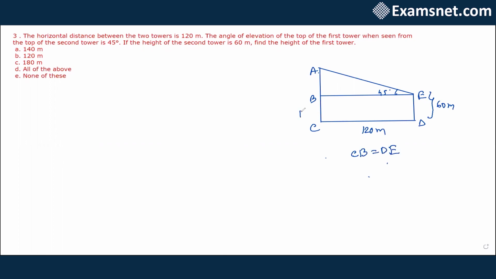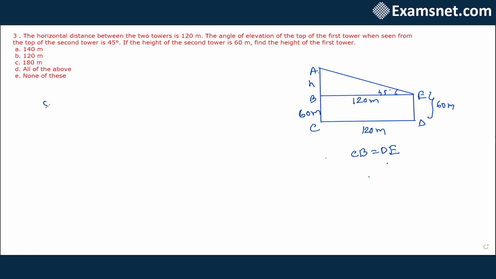That means this is also 60 meter, correct? Now, we can assume the height of AB as H meter. Here we are required to find the value of H plus 60 meter, correct? Also from the diagram we can see BE equals CD. That means this is also 120 meter, correct?